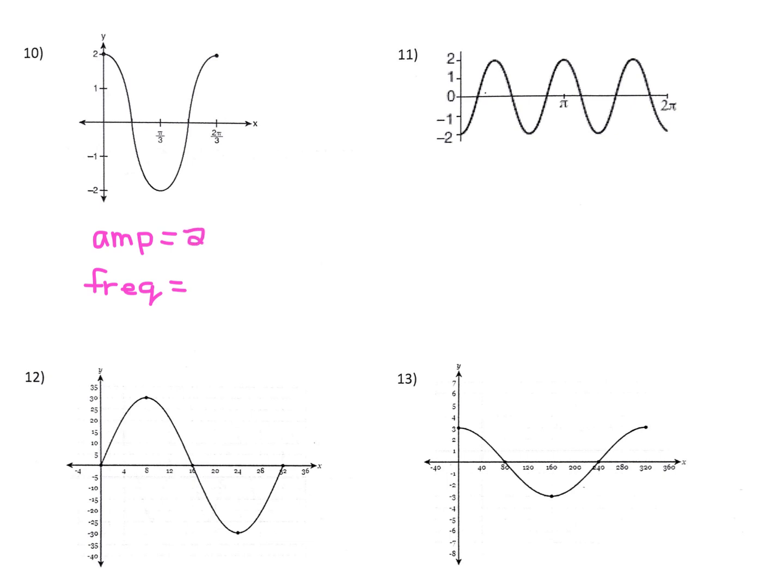Okay, so now the frequency may have been a little tricky. The frequency is the number of complete cycles between 0 and 2 pi. So this is going to 2 pi over 3. We want it to go to 2 pi.